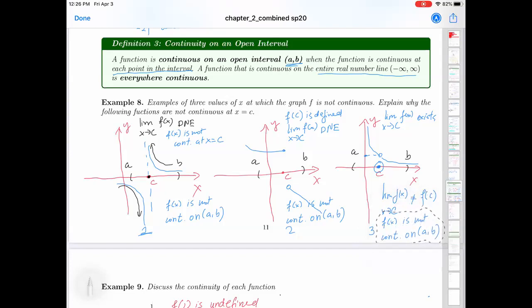So these three functions are not continuous at x equals c, and also they're not continuous on the interval from a to b.